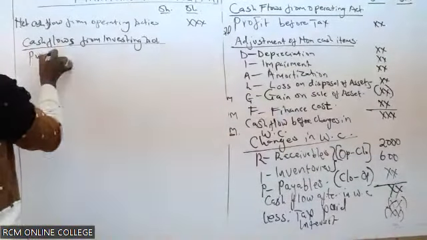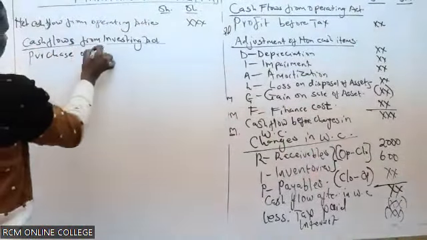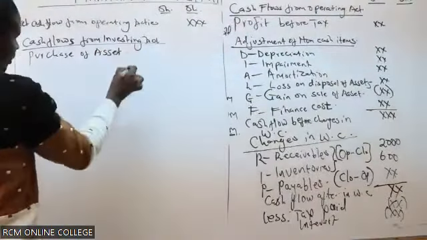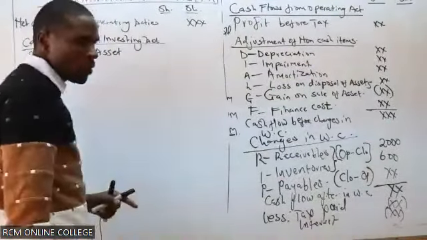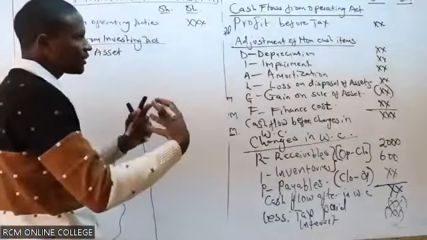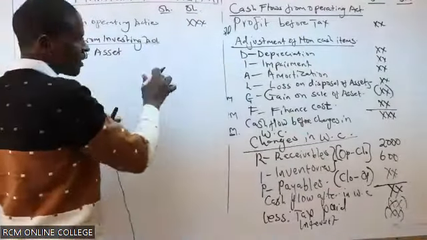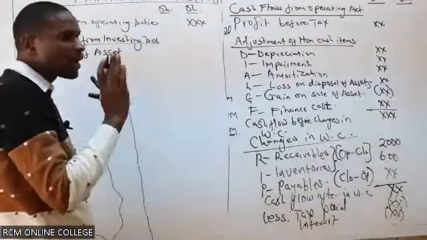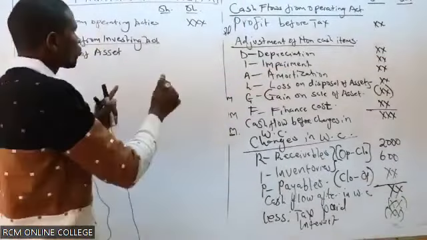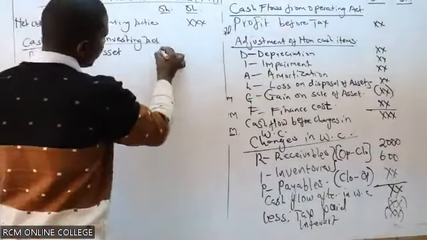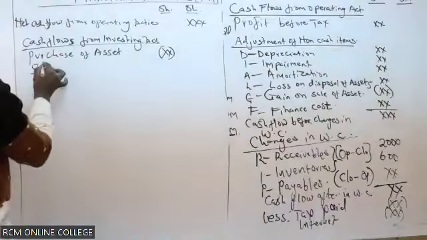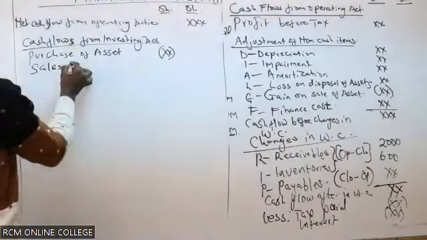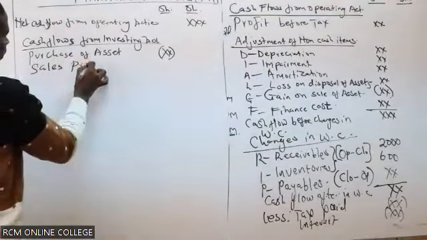Purchase of asset. Sasa nataka tuangalie, if we purchase asset, what happened to our cash? Tunaangalia cash hapa. It reduces. Our cash ime reduce. Sale of asset or sales profit. I call it sale profit.